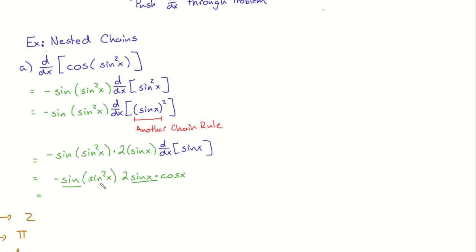The arguments don't match, so they're not like terms. The only thing I would do is I would just move the negative 2 sine x cos x out to the front. Negative 2 sine x, that's this one, cos x, this one, times the sine now of what's this last argument? Sine squared x.